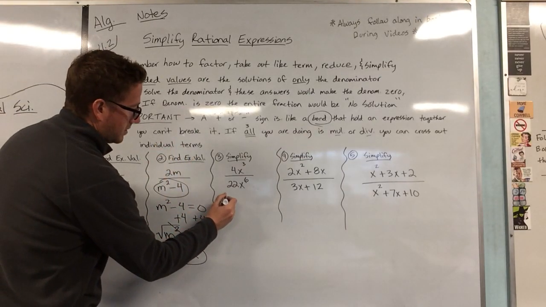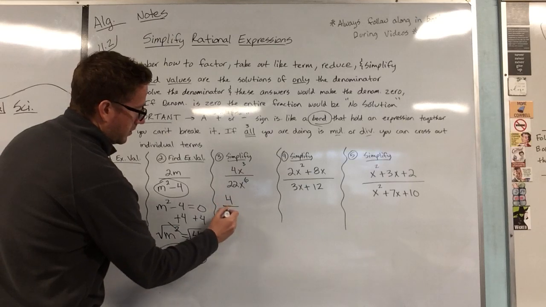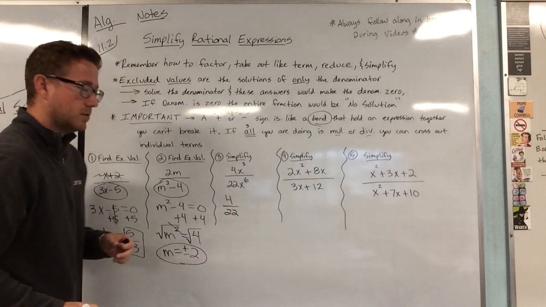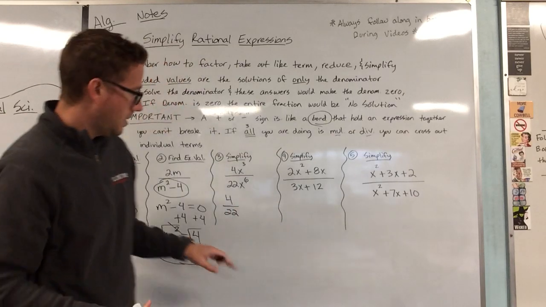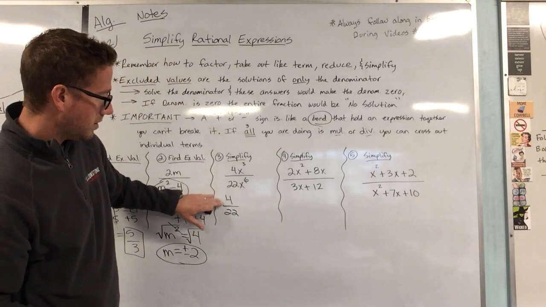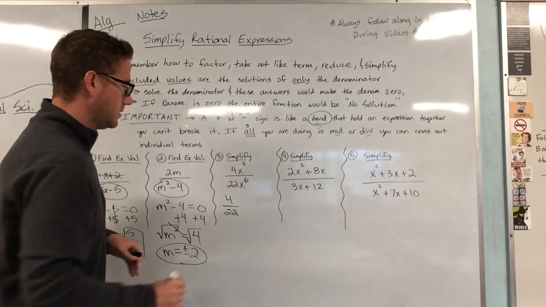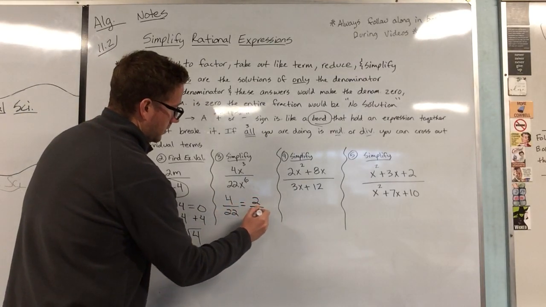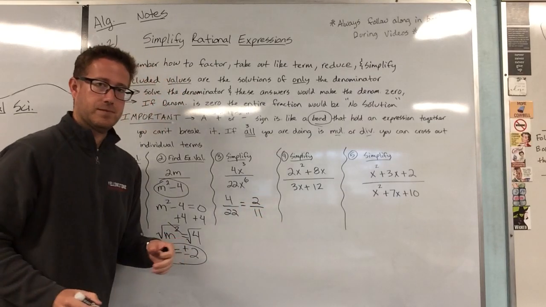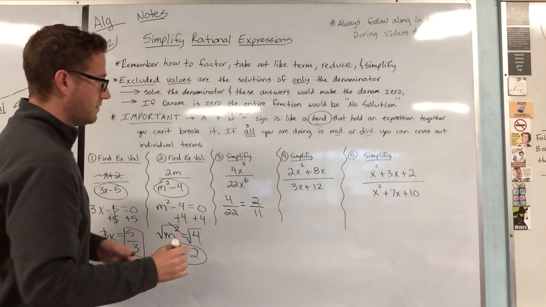So let's treat it like this. If I have 4 over 22, can't I reduce that fraction? Yes, I can. A 2 can go into 4, and a 2 can go into 22. So what is that going to equal? 2 over 11. So 2 over 11 is a simplified fraction.